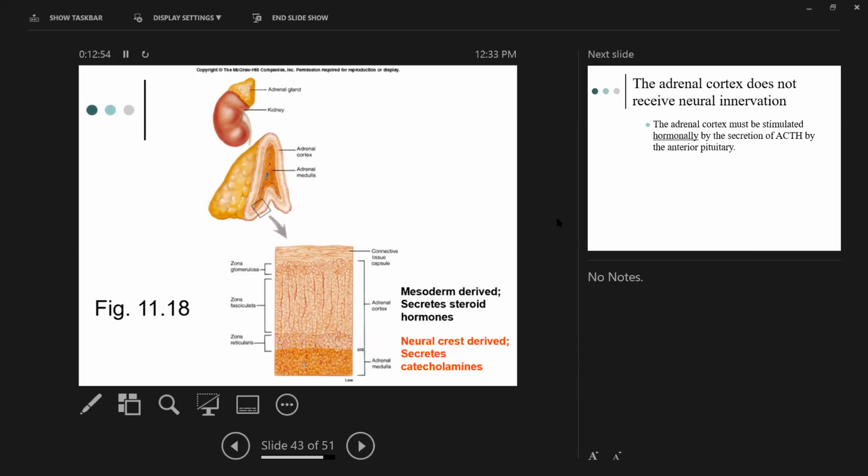Now, what about our friend all the way down here at the bottom, the zona reticularis? Well, the zona reticularis uses precursors from synthesis to make sex steroids, in particular, dehydroepiandrosterone. So that's an androgen, and that's made in the zona reticularis.